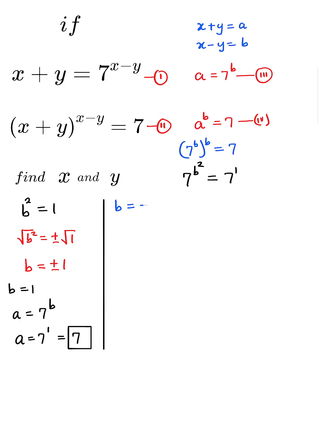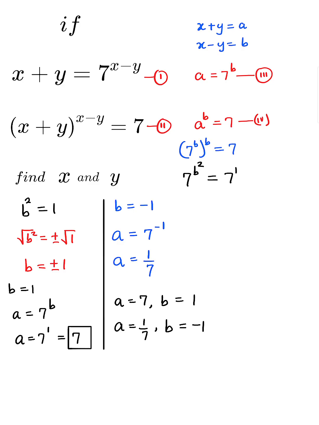When b equals negative 1, a equals 7 raised to negative 1, which gives us a equals 1 over 7. So let's take note that when a equals 7, b equals 1, and when a equals 1 over 7, b equals negative 1.